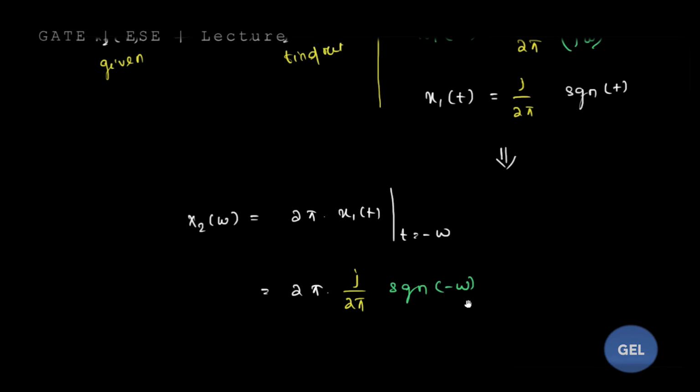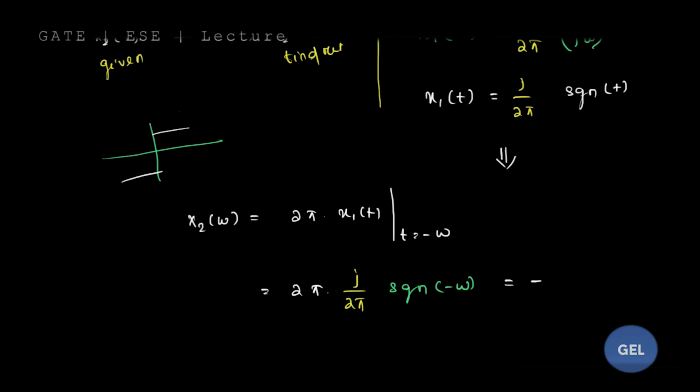Remember, the signum function is anti-symmetric about the y-axis, so it is an odd function. So signum of minus omega will be nothing but minus signum omega.